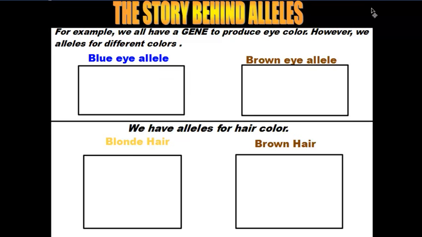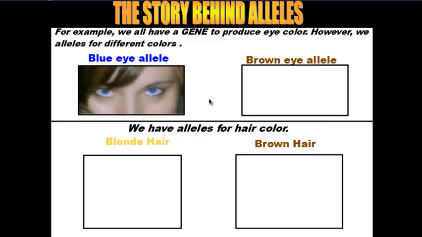We have different characteristics. So, the gene to make eye color. Everyone has a gene to make some sort of eye color, however, people do have different eye colors. Some people have the blue eye allele, which is the gene that makes blue eyes. Other people have the brown eye allele, which is the gene to produce brown eyes. However, hair color can have different alleles too. So we all have genes to make hair color, however, not everyone has the same.